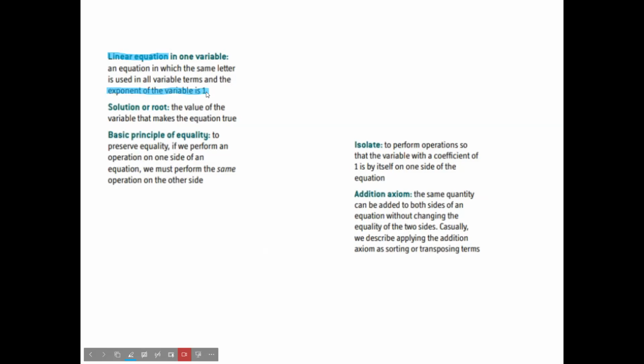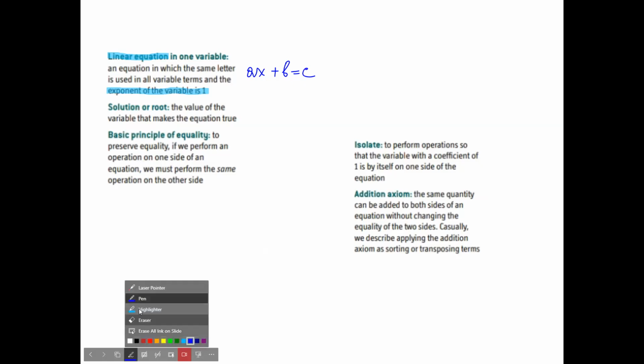Okay? So the moment you hear linear equation, you can write something like that. That's equation, linear equation. Variable here, x, a, b, and c. Well, actually, it's ax equals b.